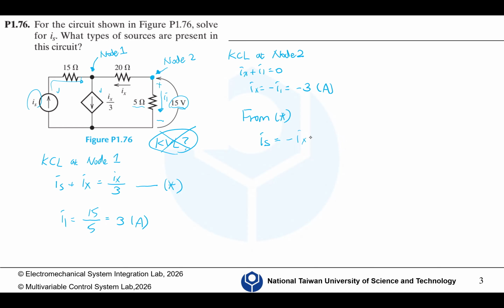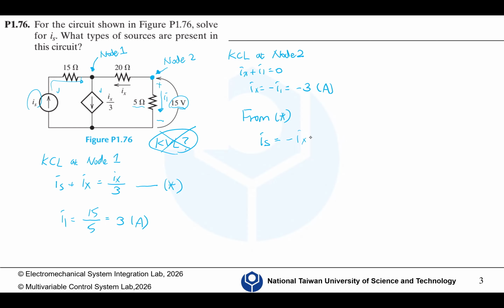If we look at this big mesh, then the voltage across this 4 ohm resistor is 4 times I1. And the voltage difference of this 6 ohm resistor, because the direction of current is this direction, is 6 times I2. And this is Vx.